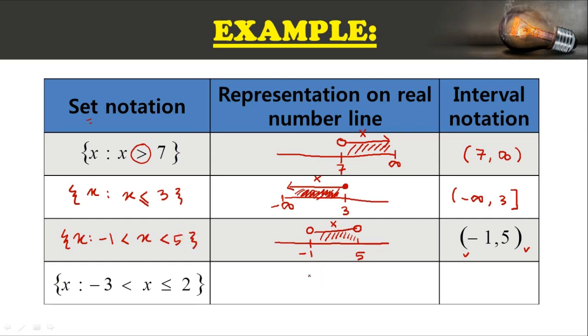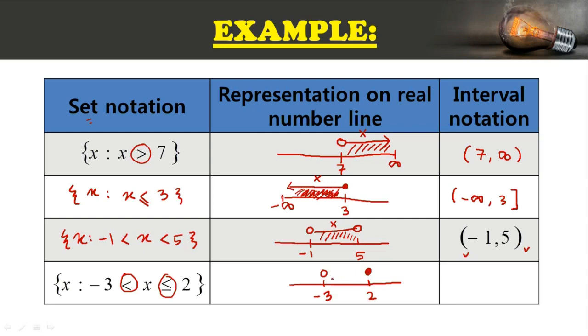And lastly, negative 3 less than X less than or equal to 2. If we write the number line, we will have negative 3 and 2. For negative 3, less than, that means we have an empty circle. But for 2, we have less than or equal. So we have a filled circle.